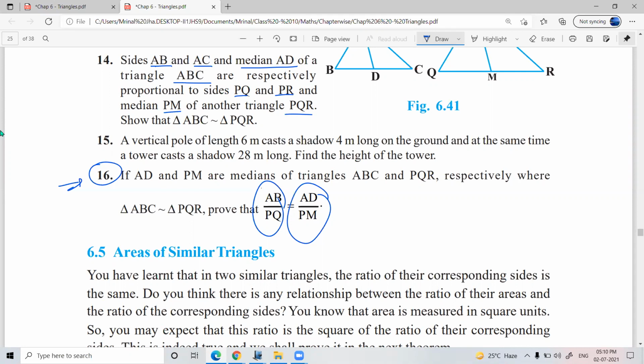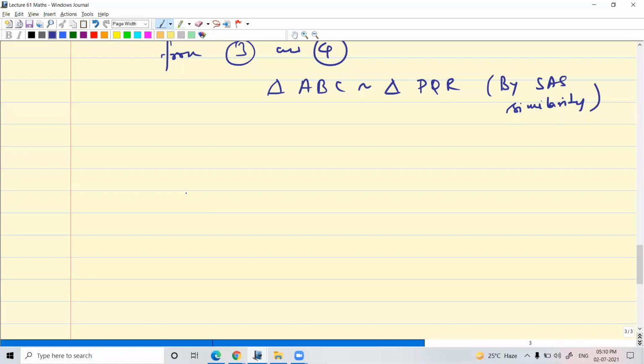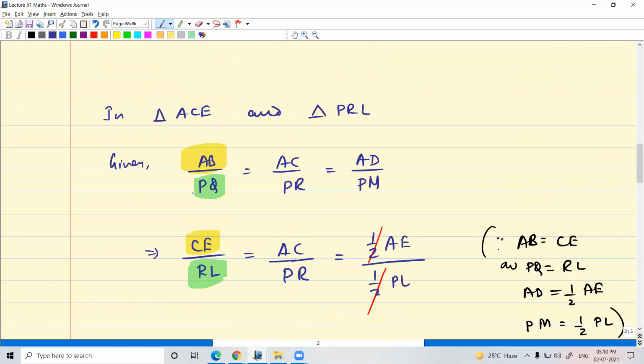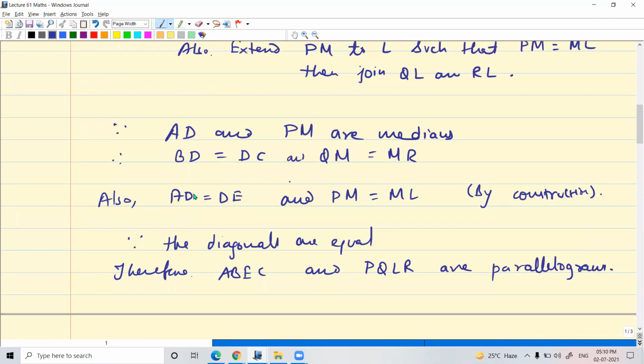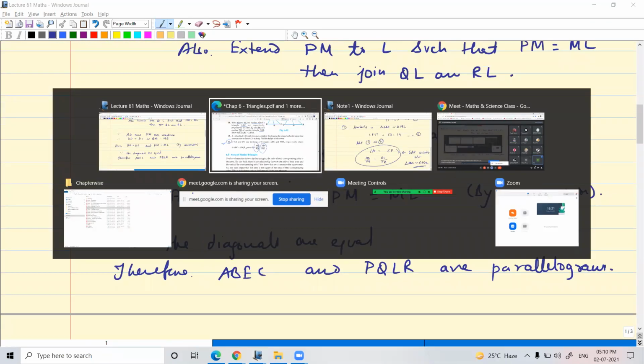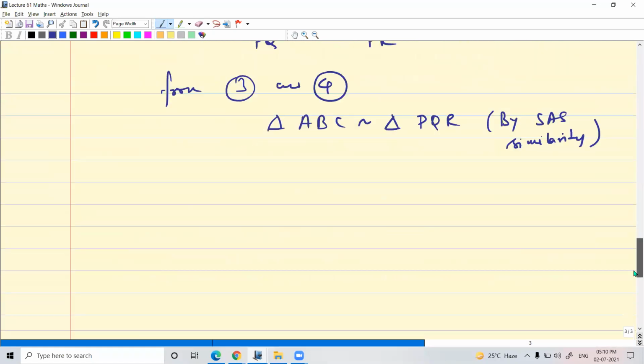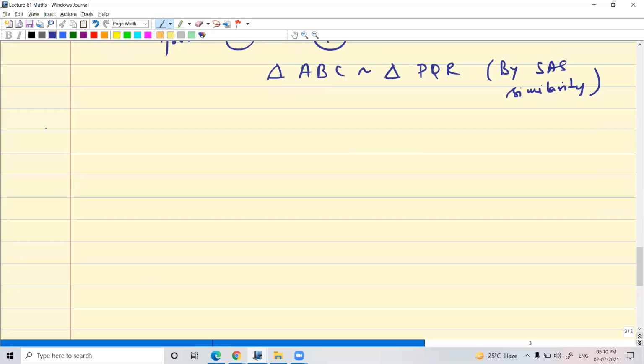Who all have solved this problem? 16th one? Completed, sir. That was Kavya. Yes, sir. Okay. Anyone else has completed the 16th problem?